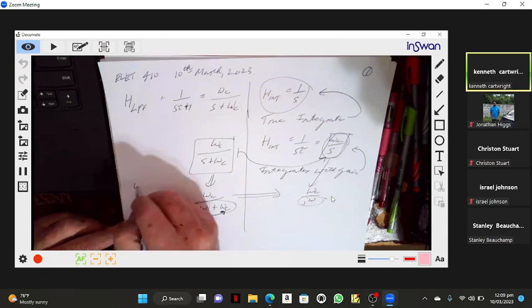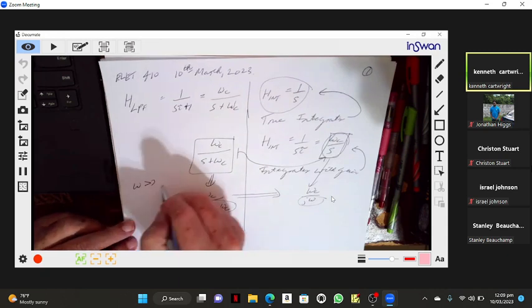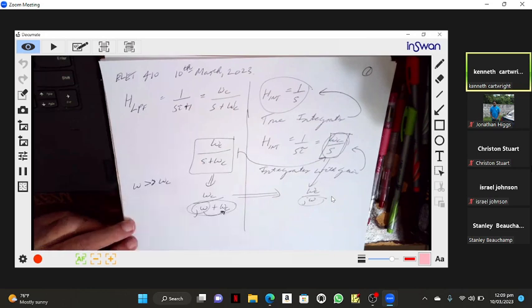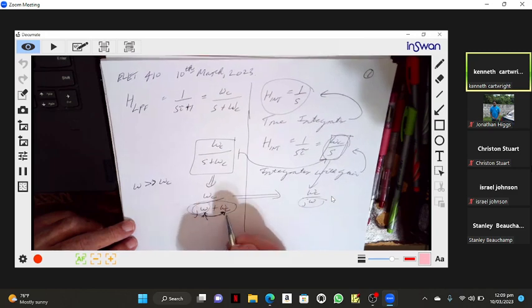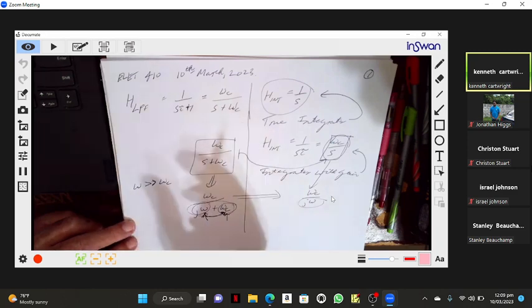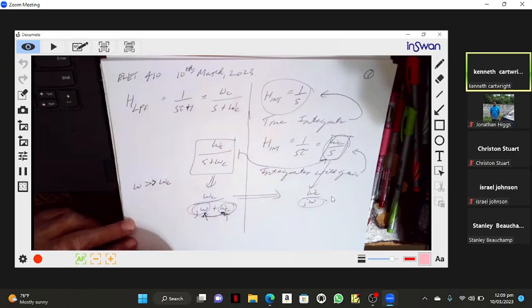We simply make omega a lot bigger than omega C. Then this term is a lot bigger than this term, and this term is insignificant. We've done this many times in this course.